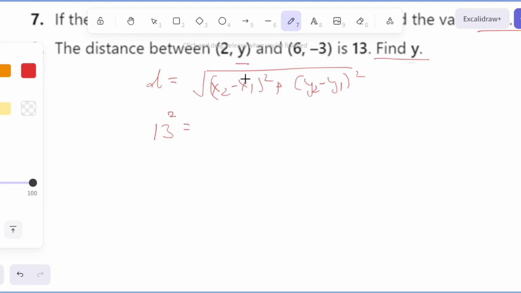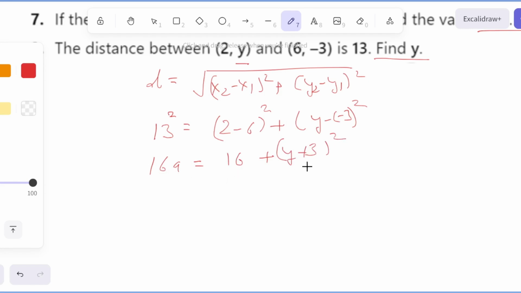So x2 − x1 means (2 − 6)², and then plus (y − (−3))². So that is 169 = 16 + (y + 3)², since 2 − 6 is −4 basically, and that becomes 16. And here (y + 3)².